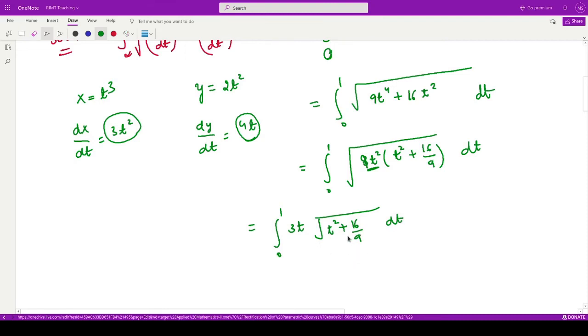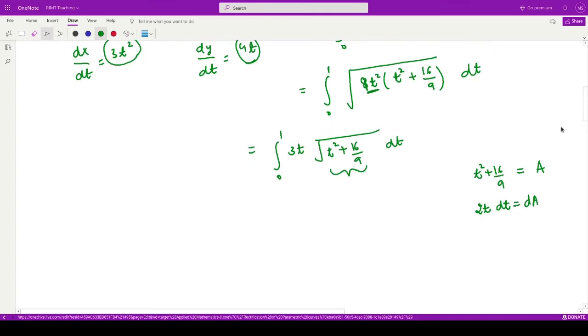So how can you perform its integration? You can substitute this quantity, t square plus 16 by 9, as some other variable, say a, right? So what would be its derivative? It would be 2t dt, that would be dA. Your limits would change: whenever t is 0, a is 16 by 9, and whenever t is 1, a would be 1 plus 16 by 9, so that would be 25 by 9.